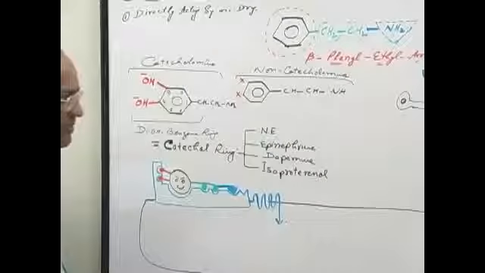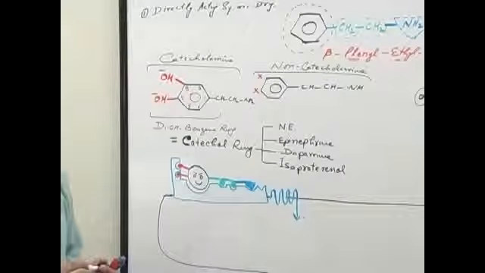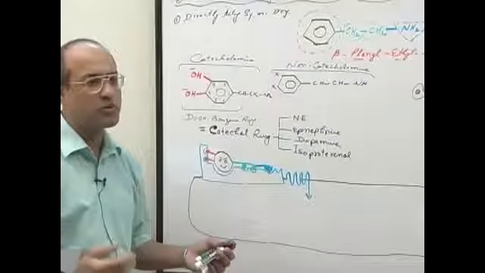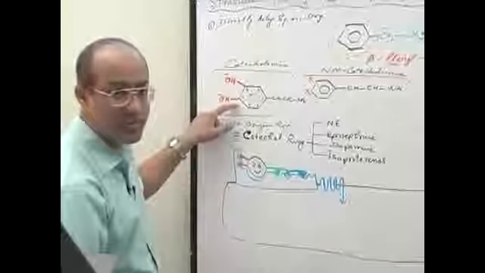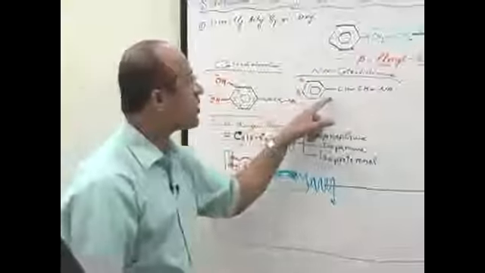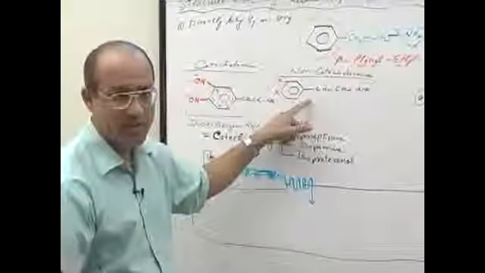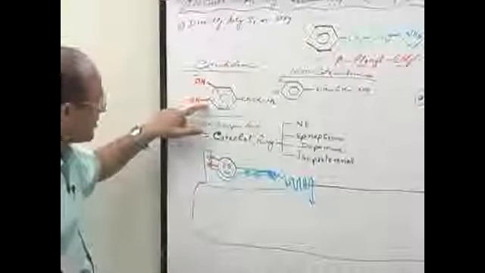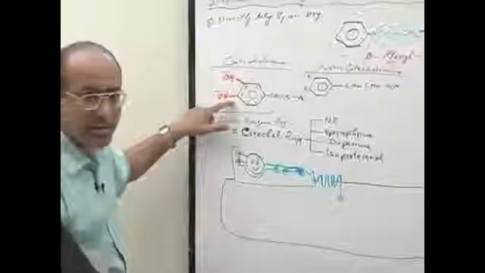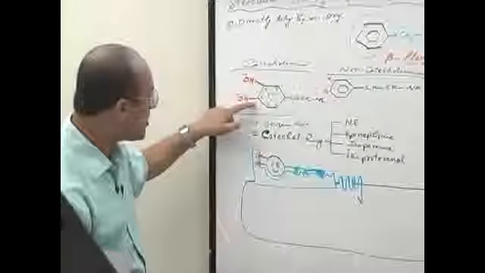Now, if someone asks you the difference between catecholamine and non-catecholamine, of course, the first difference is that catecholamines have the third, fourth dihydroxybenzene ring. Non-catecholamines do not have a catechol ring. They do not have third, fourth hydroxylation on the benzene ring. So they are strongly binding with the receptors. So these are directly acting sympathomimetic drugs.